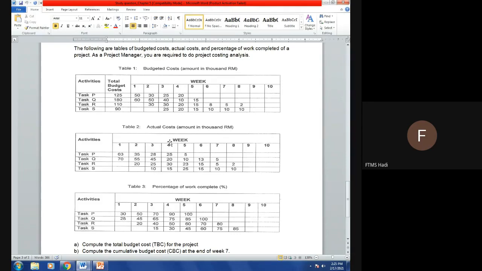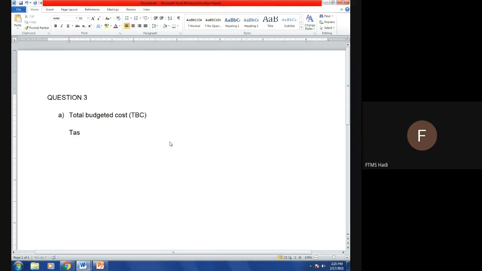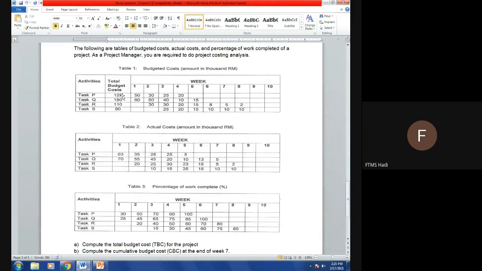So let's have a look at task P, task Q, R, task S. You need to put all the figures here, in amount in thousands.